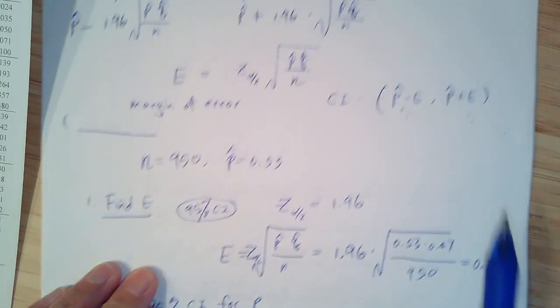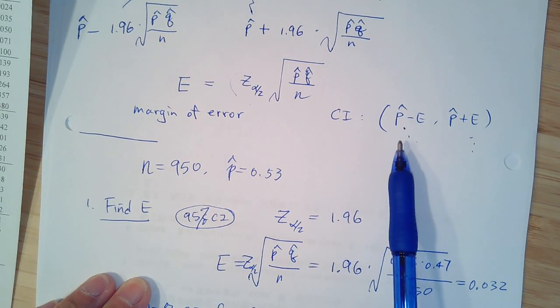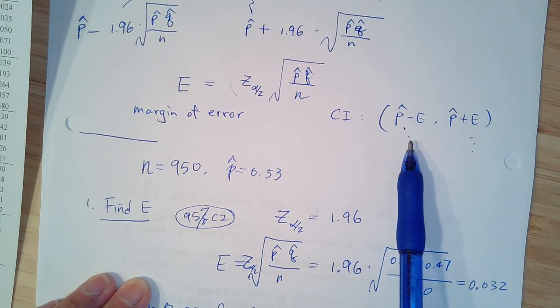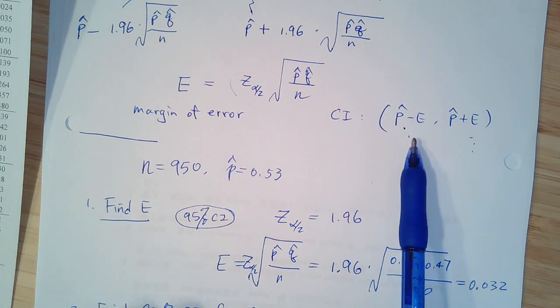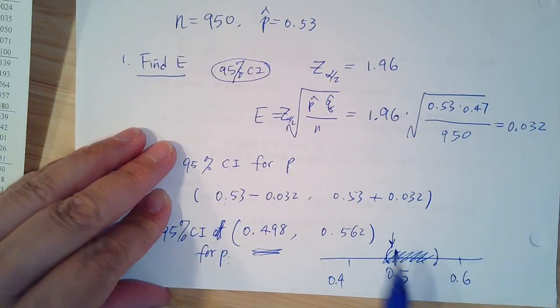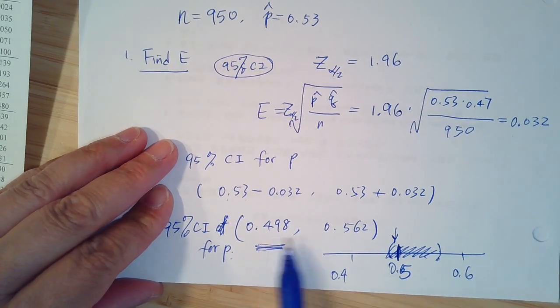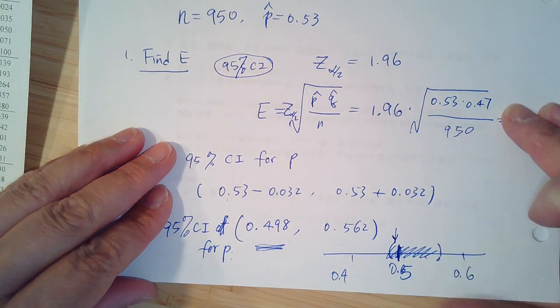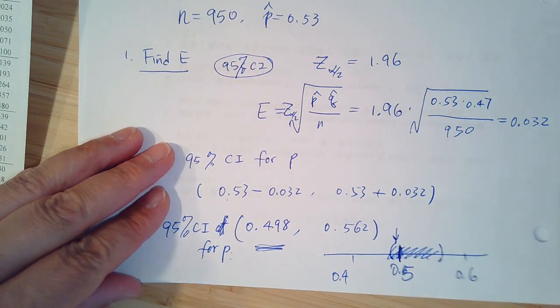You are 95% confident that the actual population proportion of all the undergraduates who take online courses falls within these two numbers. We're 95% confident about that.